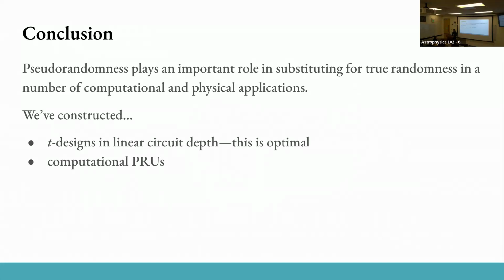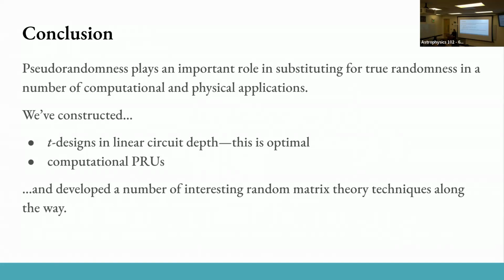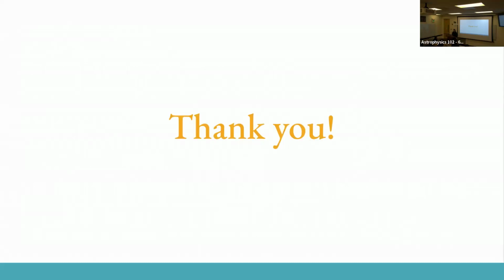We also achieved computational pseudorandom unitaries jointly with another group as well. Something that Michelle and I are excited about is a few very interesting random matrix theory techniques, which we did not discuss. And yes, that's it.